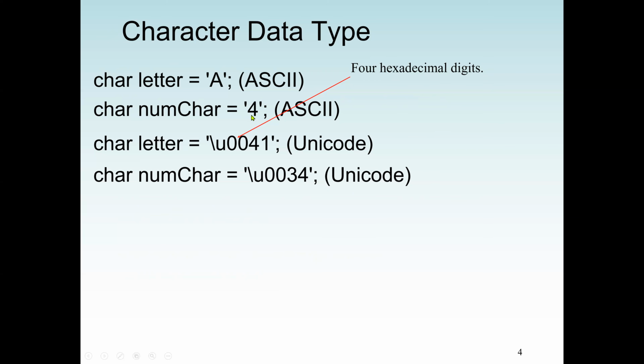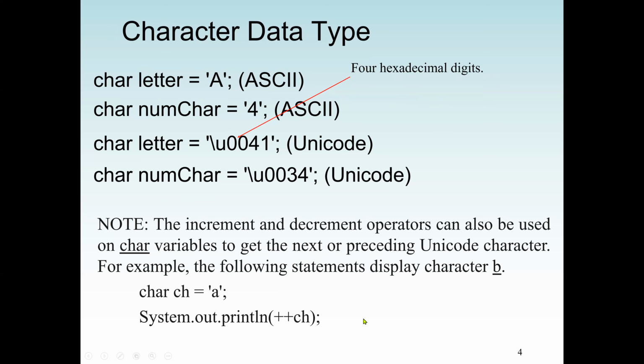We assign 4 in single quotes. So here we also have the Unicode numeric standard system. Again, we are not going to use this too much because this is done by the operating system, the computer system, and we will see examples soon.